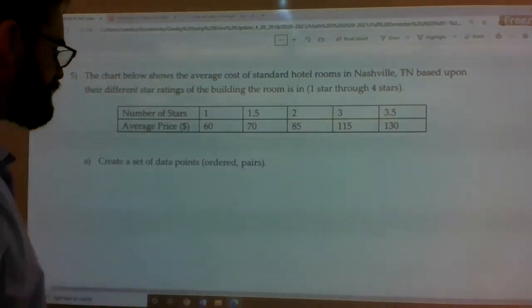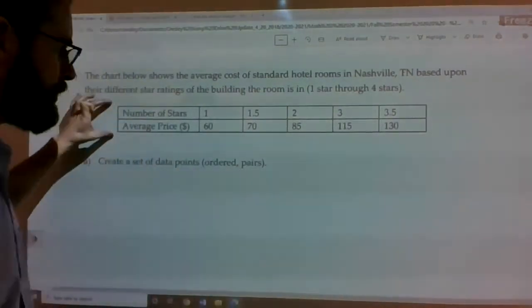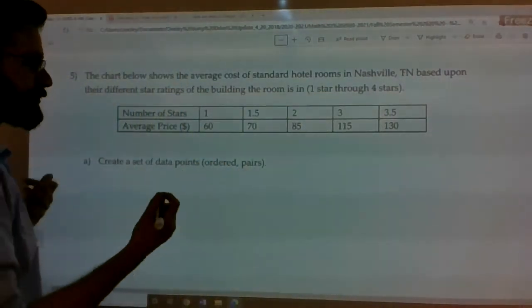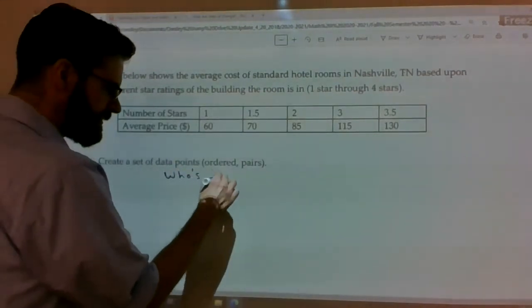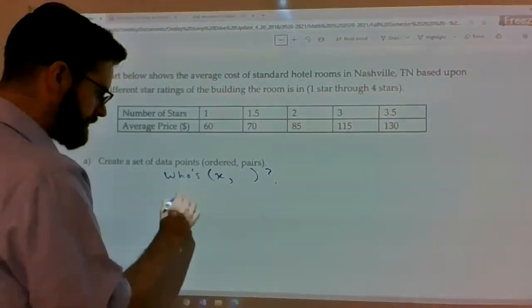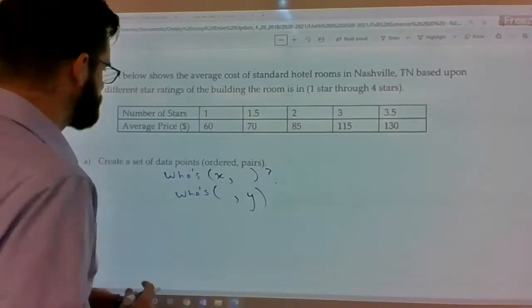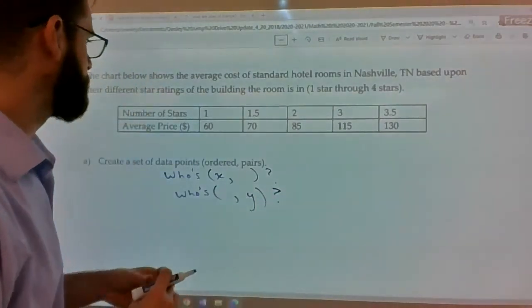So the first thing I want you to be able to do is create a set of data points, which is basically just saying, from a chart like this, you can create a set of ordered pairs. So the question is, who's X? Who's Y? And I guess, here's the thing.